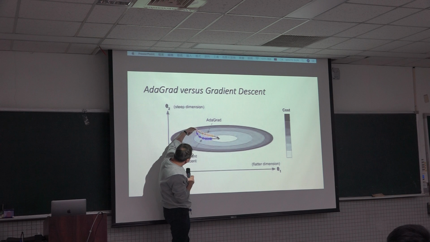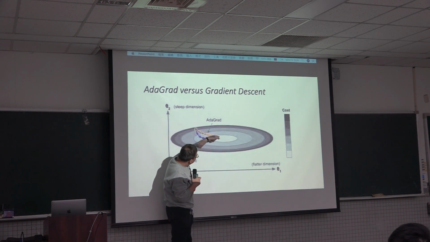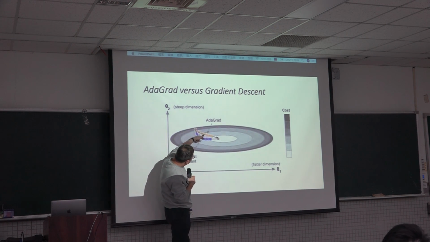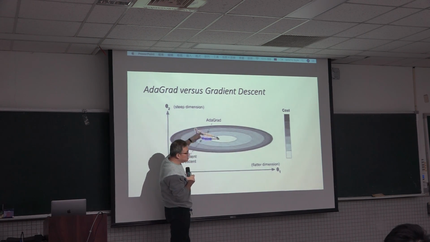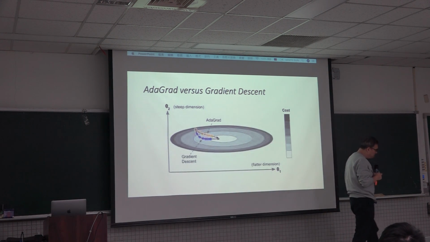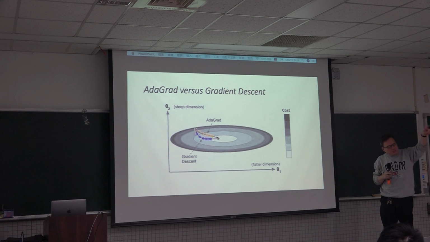Apparently this direction is going to be much faster than gradient descent or even the momentum optimizer, because no matter whether we are talking about gradient descent or even the momentum optimizer, they still create a curved path.